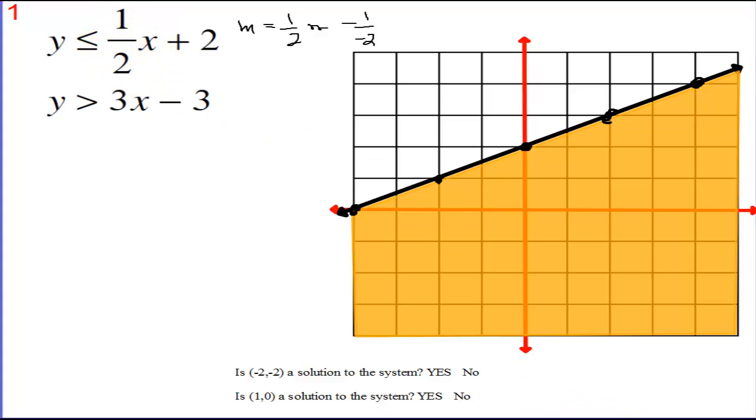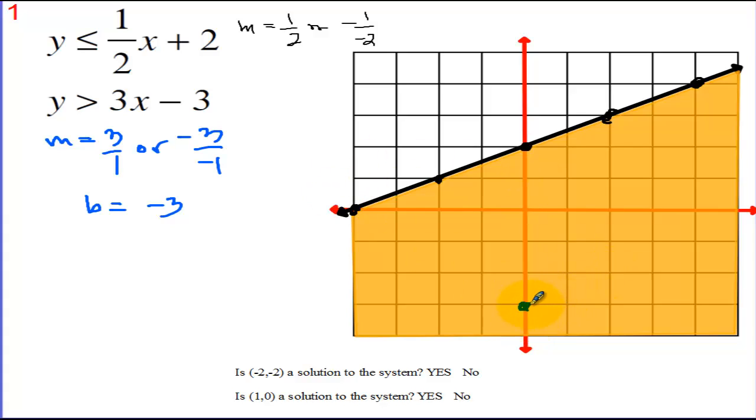For the second inequality, again, we have to identify the slope, which is 3 over 1, or you can say -3 over -1. Our y-intercept is equal to -3, so we are going to start our line here.